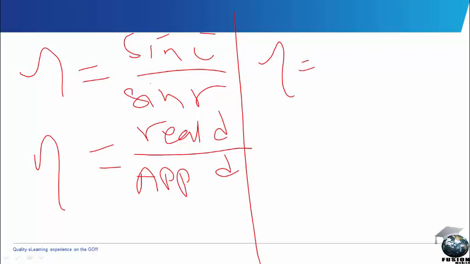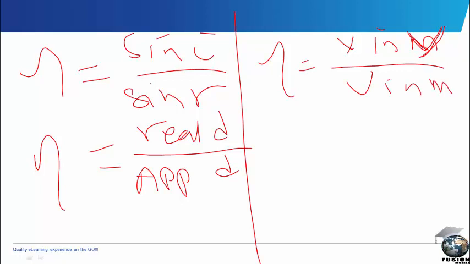We also say that refractive index is equal to velocity in vacuum over velocity in medium. This is also the refractive index.